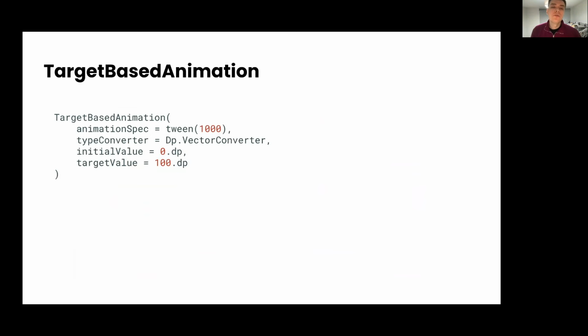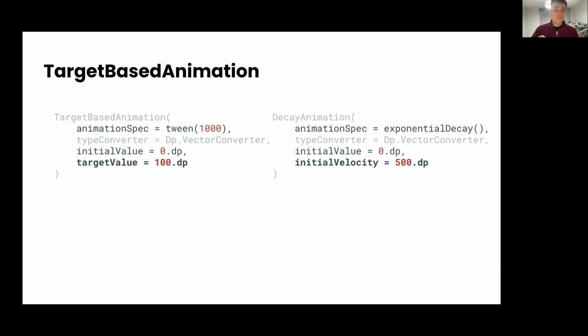We have two fundamental ways in Jetpack Compose to achieve a similar result. The first one is target-based animation, where we have an initial value, a target value, and the time or duration of the animation. The second way is using decay animation. Instead of a target value and time, we have an initial velocity. This means that the animation will decay from the initial value with the initial velocity down to velocity 0.